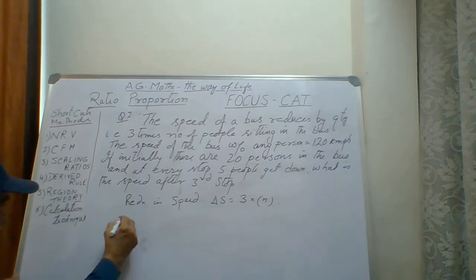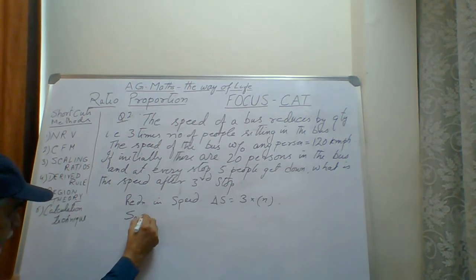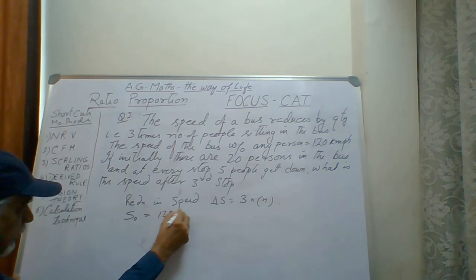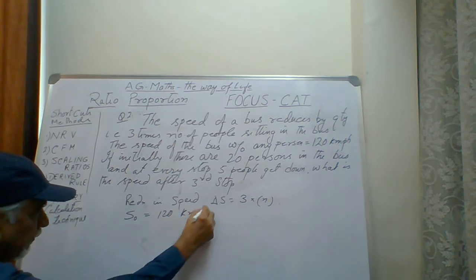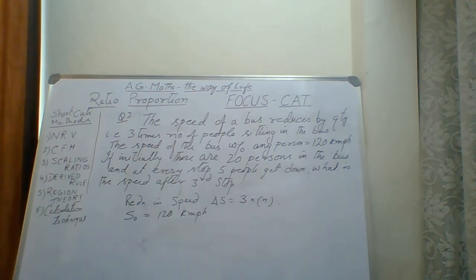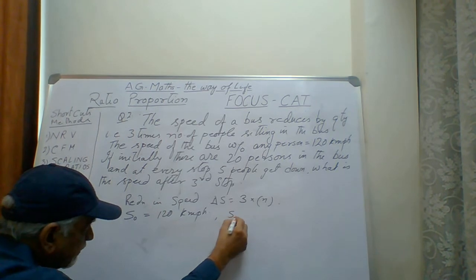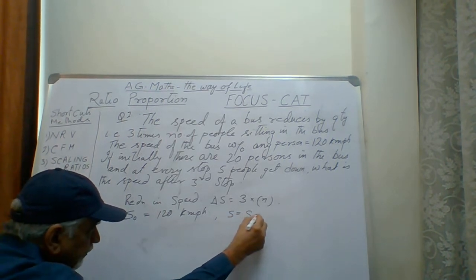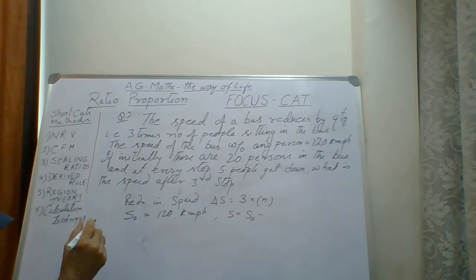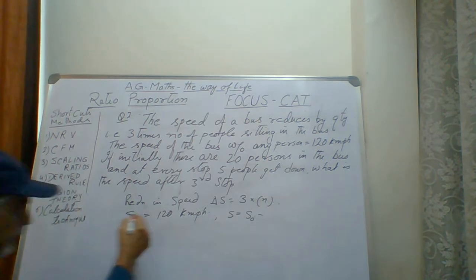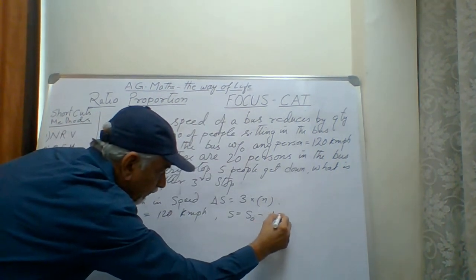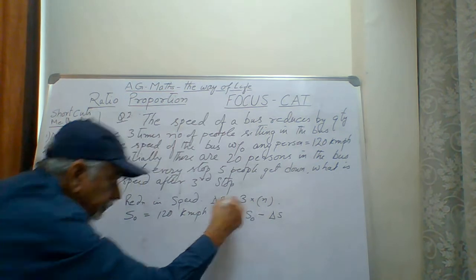So let us take it. The original speed is 120 kmph. That is what is given here. Original speed of the bus is 120. So we can say that S is equal to S0 minus delta S, and delta S is 3 into n.